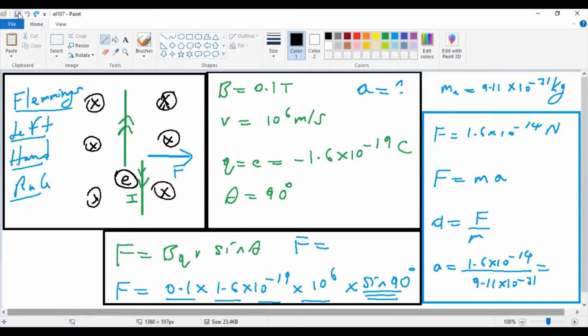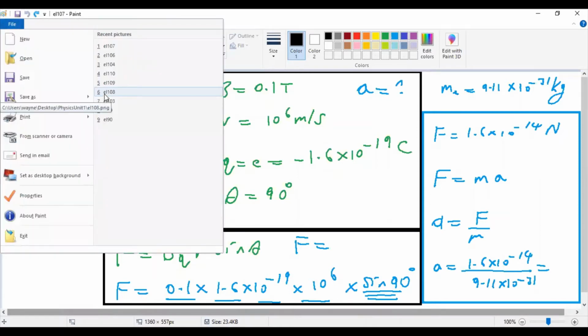And you should get 1.756 times 10 to the positive 15. Yes, that's correct. So that's for that.